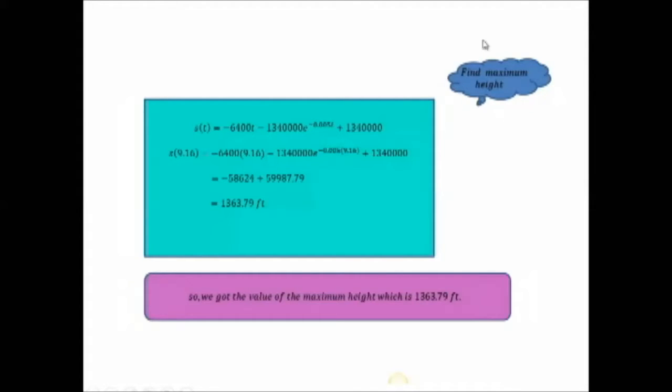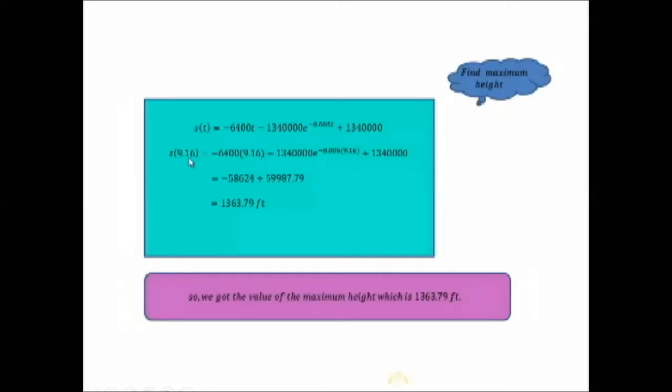This is the last step to find the maximum height for question 2. So this is the displacement equation, or the maximum height. Earlier we got the maximum time, so we substitute the maximum time into this equation.